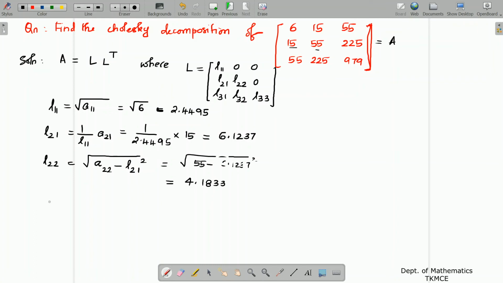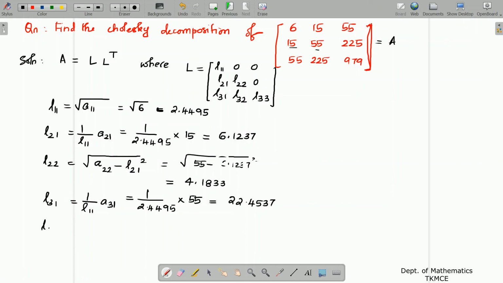That is L22. Now we can find L31. L31 is 1 by L11 into A31. It is 1 by 2.4495 into A31, which is third row first element, 55, and hence the value is 22.4537.